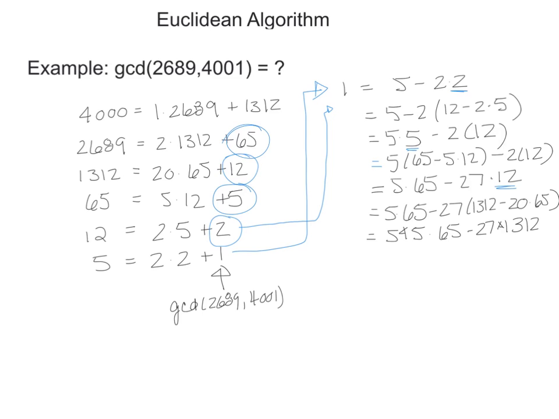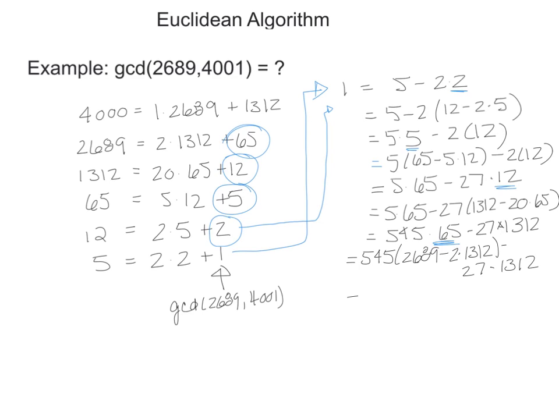Now I'm going to look at my 65, and I see a 65 here. So this 65 I am going to replace with 2689 minus 2 times 1312. So that'll give me, this is getting really big, but 545 times 2689 minus 2 times 1312 minus 27 times 1312.